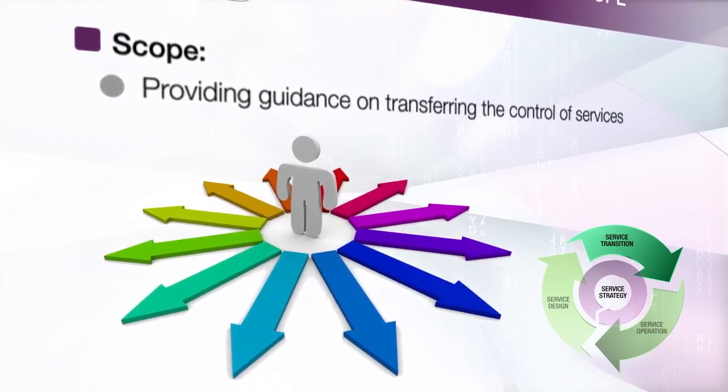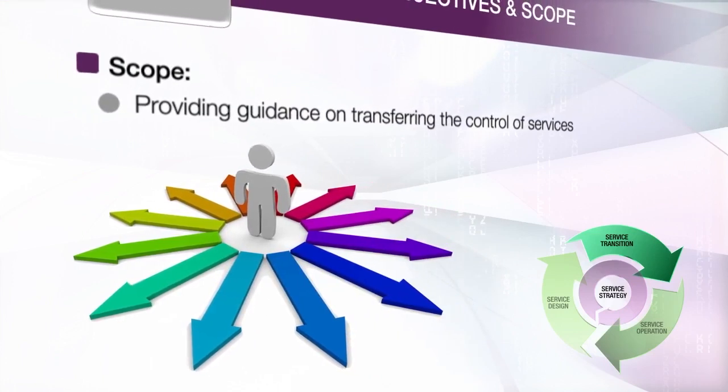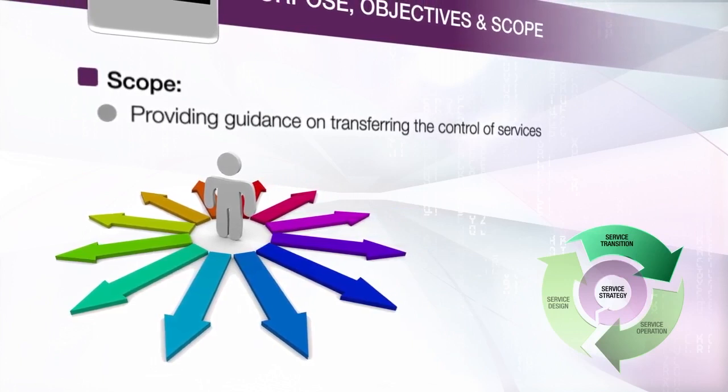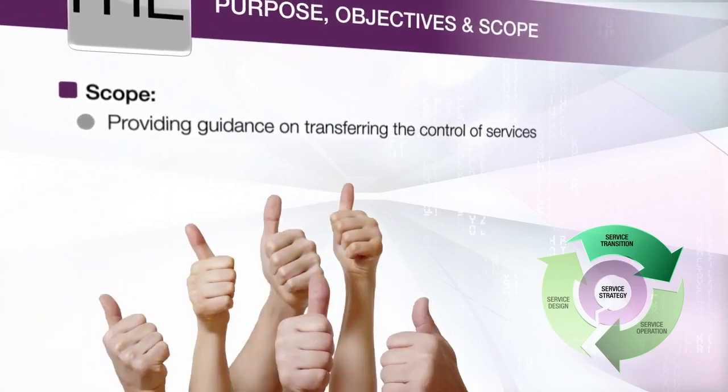The guidance focuses on how to ensure that the requirements from service strategy, developed in service design, are effectively realised in service operation, while controlling the risks of failure and subsequent disruption.